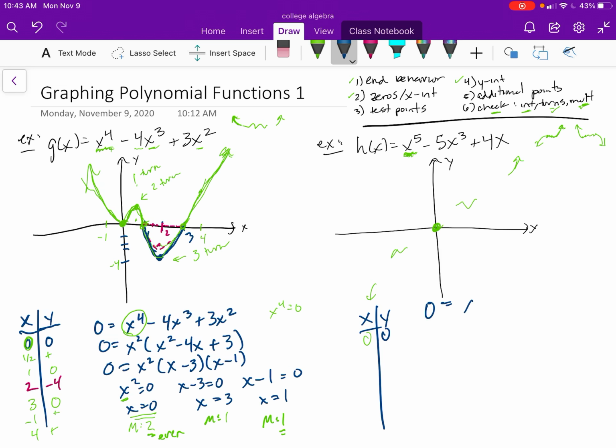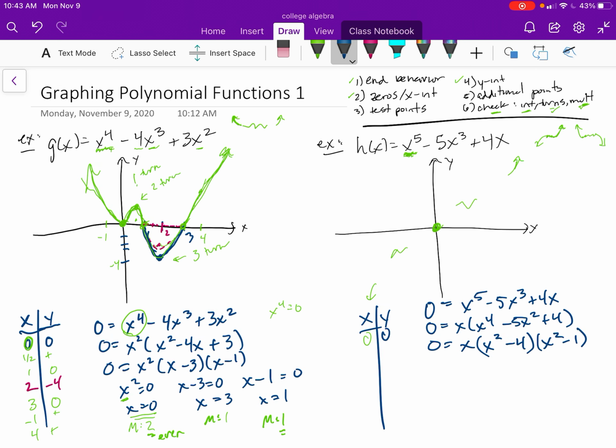So 0 equals x to the 5th minus 5x to the 3rd plus 4x. Again, there's a GCF of x, factor that out. Okay, and the inner polynomial should factor, I believe, x squared minus 4, x squared minus 1. Yes, that looks good.